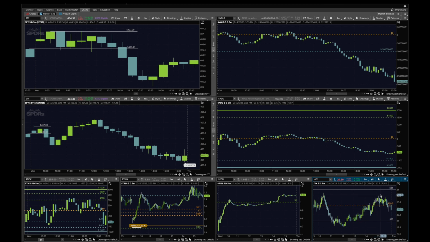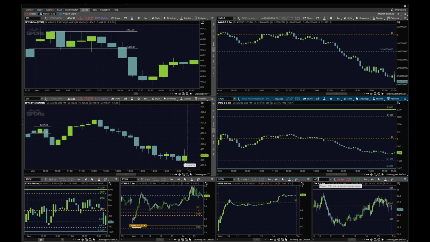Whole numbers, 50 cent numbers, quarter numbers are pretty key levels no matter what chart you're looking at, and a lot of it has to do with psychology as well as software. A lot of times software will have whole dollar increments, up or down arrows, or quarters or halves. Whichever VIX quote unquote you want to use, I highly recommend you have it up. Got to have the volatility on here.